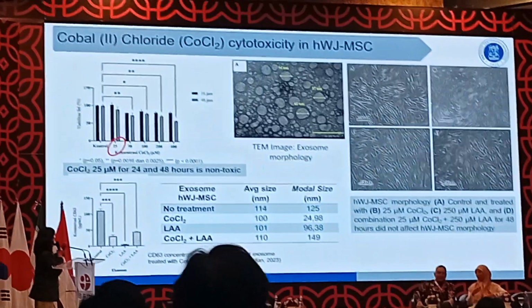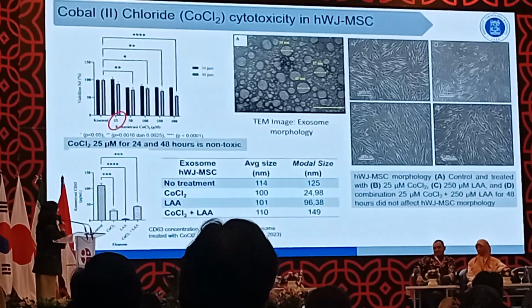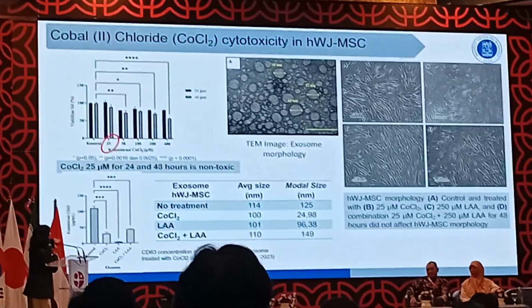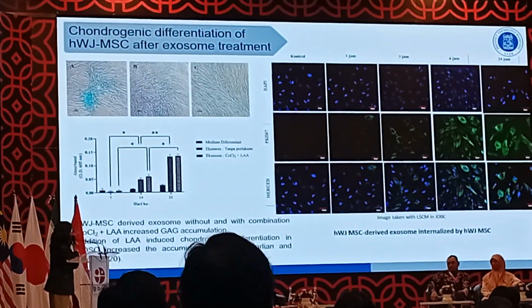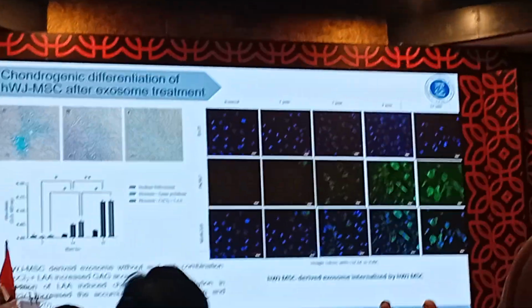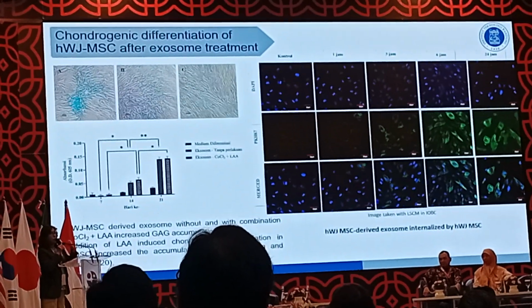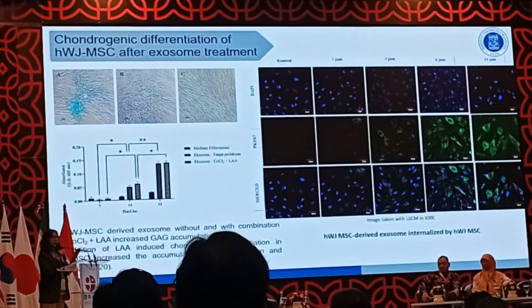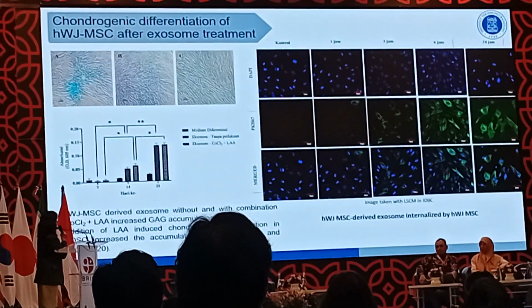So here we use the mesenchymal stem cell, and then we treat with several treatments. And the next slide, please. We can see that the exosome also can induce the differentiation of the mesenchymal stem cell to become chondrocyte. So here is the marker of collagen 2. We can see it in the green color.